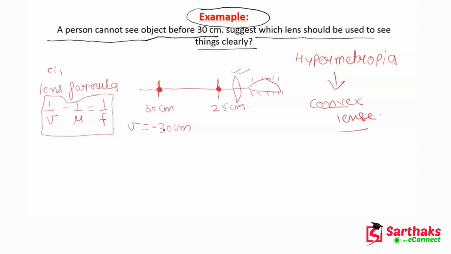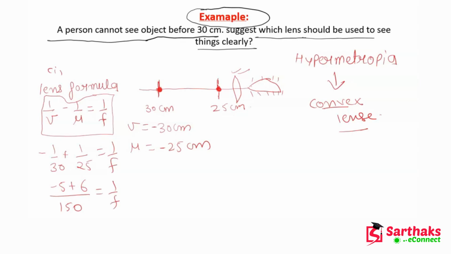Now the object distance would be 25 centimeter, and because this is also on the left side, I will again keep a negative sign. Now when I put these values in this formula, minus 1 upon 30, and this minus gives plus 1 upon 25, is equal to 1 by f. When I take the LCM, this gives me 150, and this cancels out by 5 times and this cancels out by 6 times.